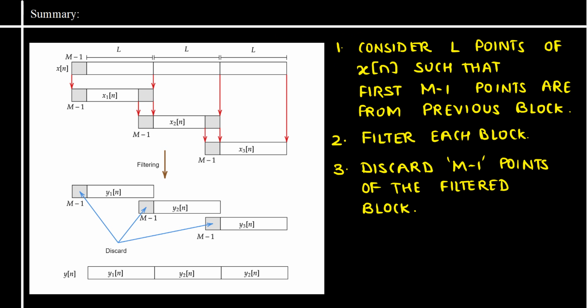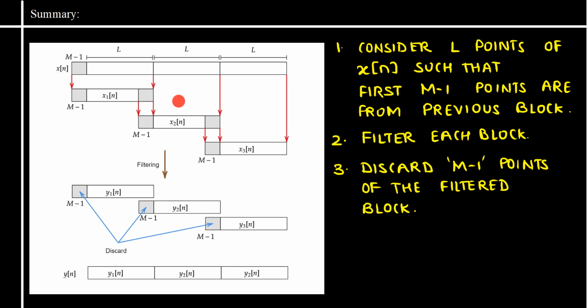So in this lecture we looked at the overlap and save method, in which we consider L points, or the block length of L for the input signal, and then we append the last m-1 points of the previous block at the beginning of the current block, and then perform the filtering operation.